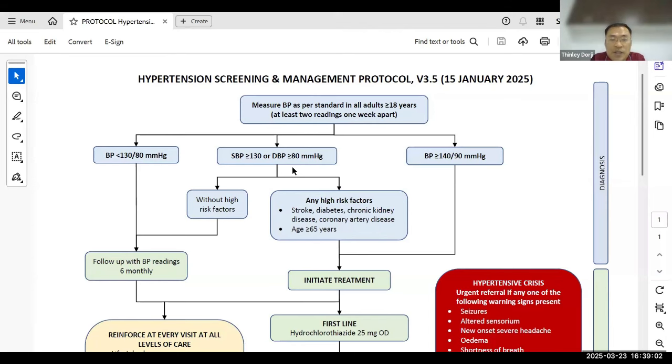The second key important message is that even if the patient turns up at the national referral hospital or a regional referral hospital, the care for hypertension or diabetes that you receive from this hospital is at a basic level. This means that these services are primary healthcare type of service.